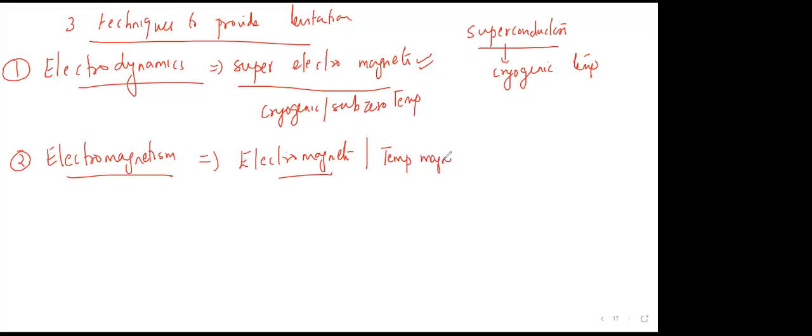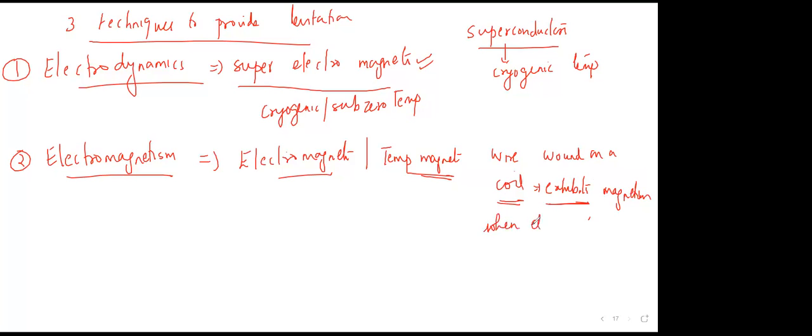It is a temporary magnet, a wire wound on a coil, which exhibits magnetism when electric current is passed through it. So it is not a permanent magnet.